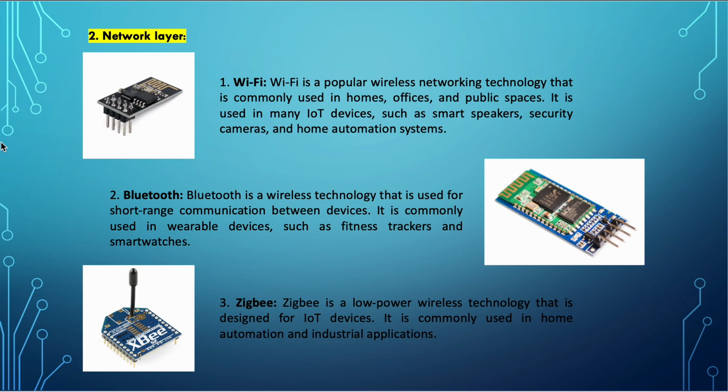If you take cellular connectivity over Wi-Fi, cellular connectivity consumes more energy. It will drain your battery more than using Wi-Fi. So if we are going to use an energy efficient solution between cellular connectivity and Wi-Fi for connecting to the internet, we can use Wi-Fi because it's much more energy efficient.